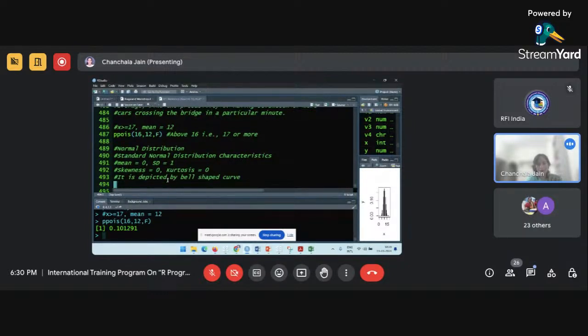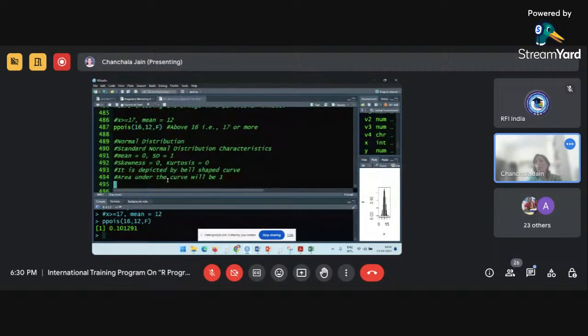And the area under the curve will be 1. Apart from that, there is one more I need to write: mean should be equal to median, and it should be equal to mode.